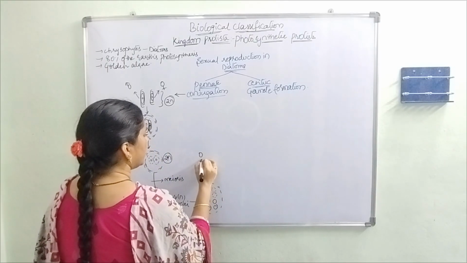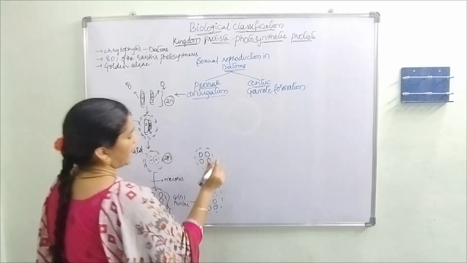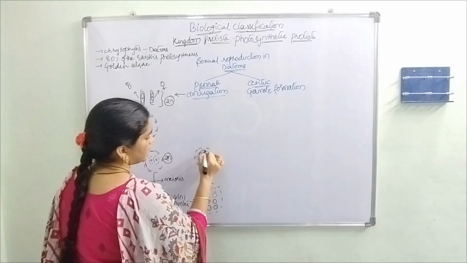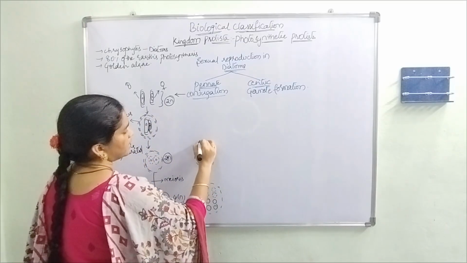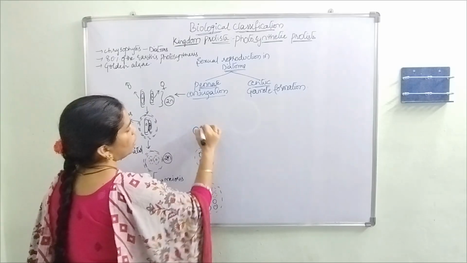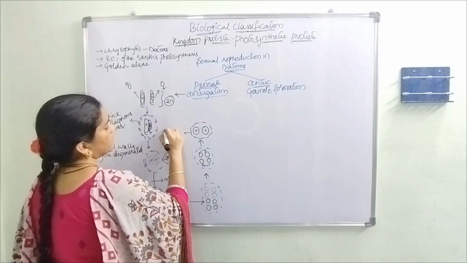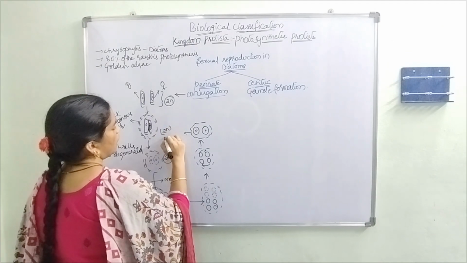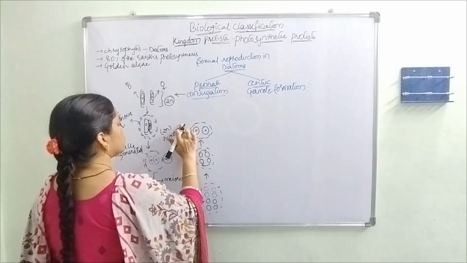The remaining 2 nuclei get paired to each other, and this results in the formation of diploid auxospores. These are diploid auxospores.